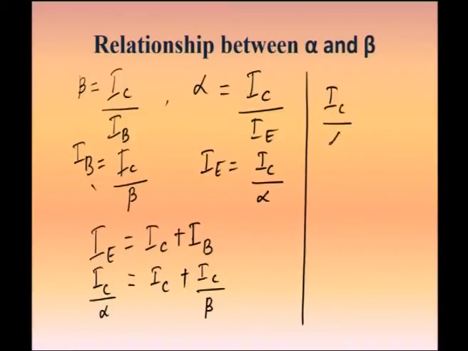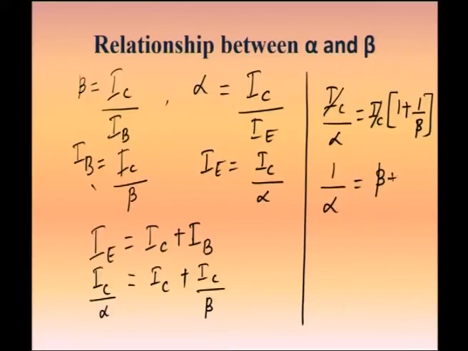IC by alpha is equal to, taking IC out, IC into 1 plus 1 by beta. So IC can be cancelled out, and 1 by alpha is equal to, if you take LCM, beta plus 1 by beta. So, what is alpha? It is beta by beta plus 1.